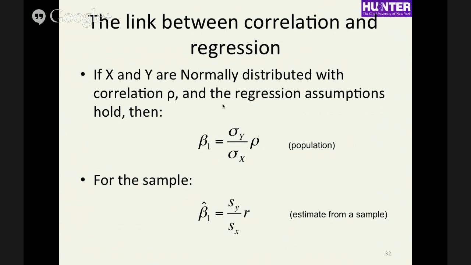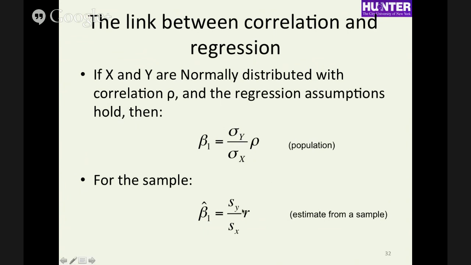So if you were to take your correlation coefficient, which is between -1 and 1, multiply by the standard deviation of y, divide by the standard deviation of x, that gives you your slope. How about that, right? All these different things, and they're all almost the same thing, even though we came at them from different angles.